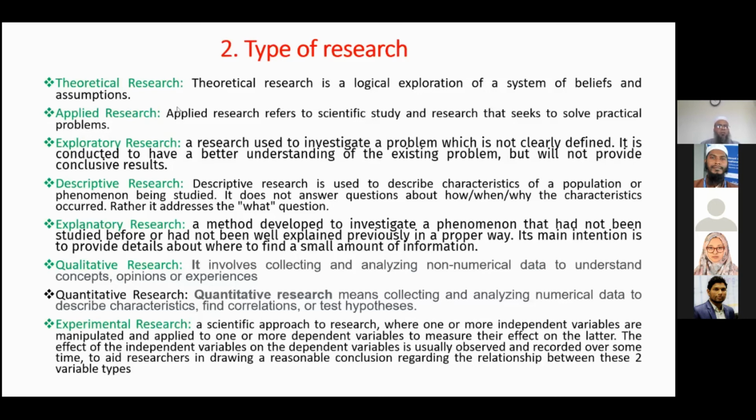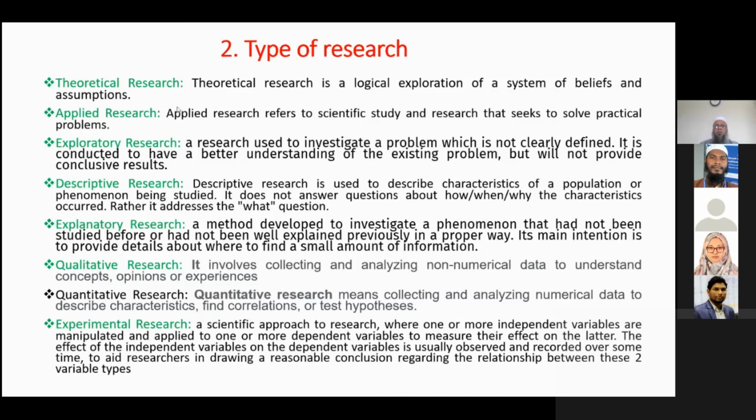Qualitative research involves collecting and analyzing non-numerical data. In quantitative research, we use numerical data, but here we use non-numerical data, the text data or observation or the secondary literature. Normally the data comes from text, to understand concepts, opinions, and experiences.